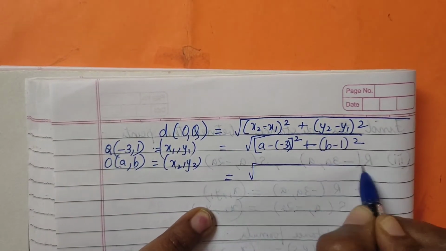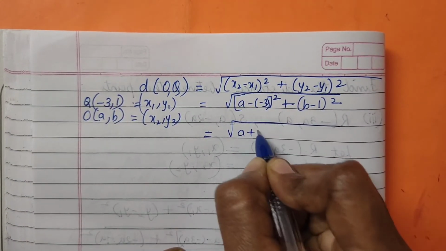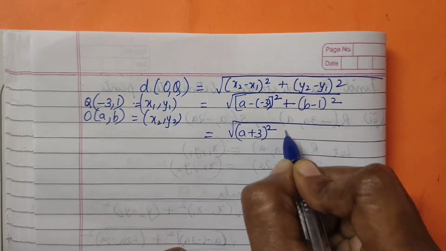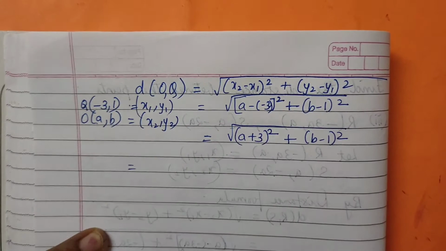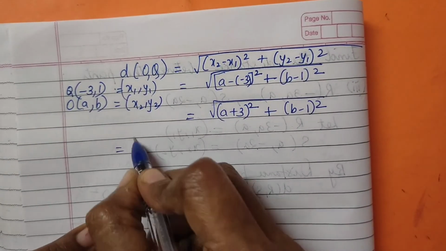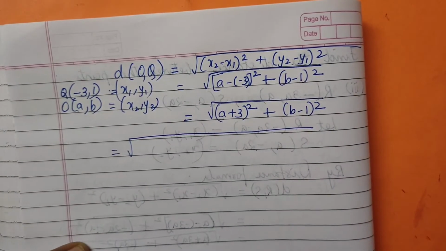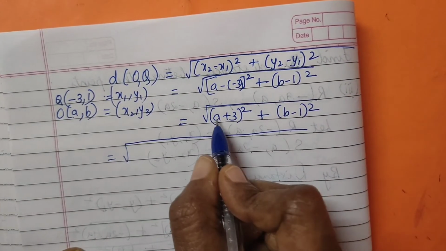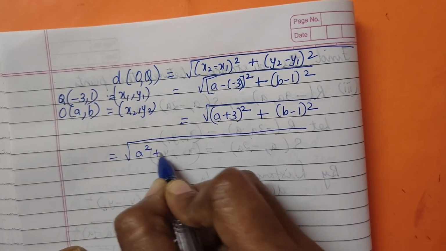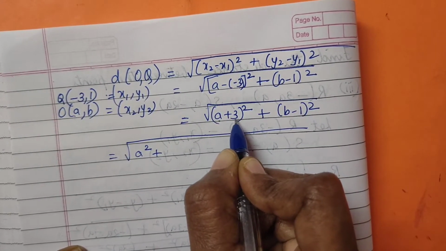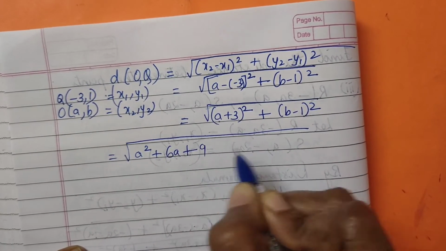Okay, so what will you get? (a plus 3) the square plus (b minus 1) the square. I am writing here, it will be easy for me to write. Now the (a plus b) the whole square formula. See, now the variable has come first, so it is easy for you all to solve. So a square plus 2ab, 2 into 3 into a, 6a, plus 3 square is 9.